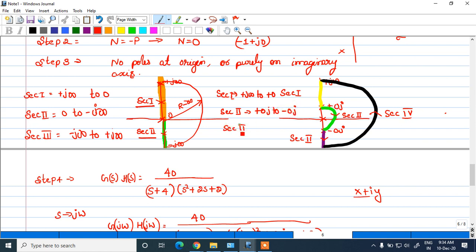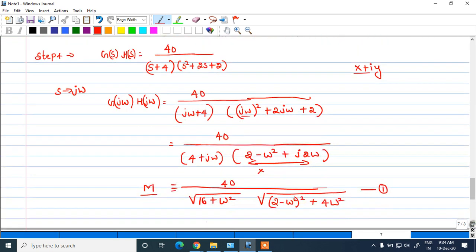Section 3, minus 0 j to minus j infinity. Section 4, minus j infinity to plus j infinity. Now tell me which is mirror image. So section 1 and section 3 are the mirror image. This one and this one is mirror image, and here section 1 about the real axis, these two are mirror image. Okay, so these are the only two cases that will appear in the problem.